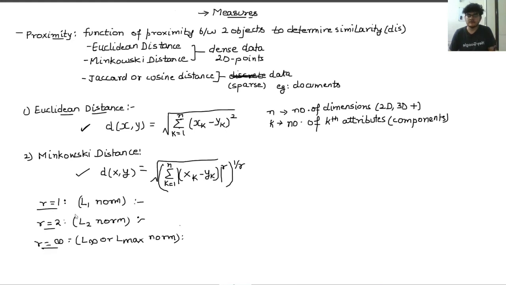Alright, so what will happen if we have r equals 1? When r is equal to 1, we have some common examples, and one very common example is the Hamming distance.